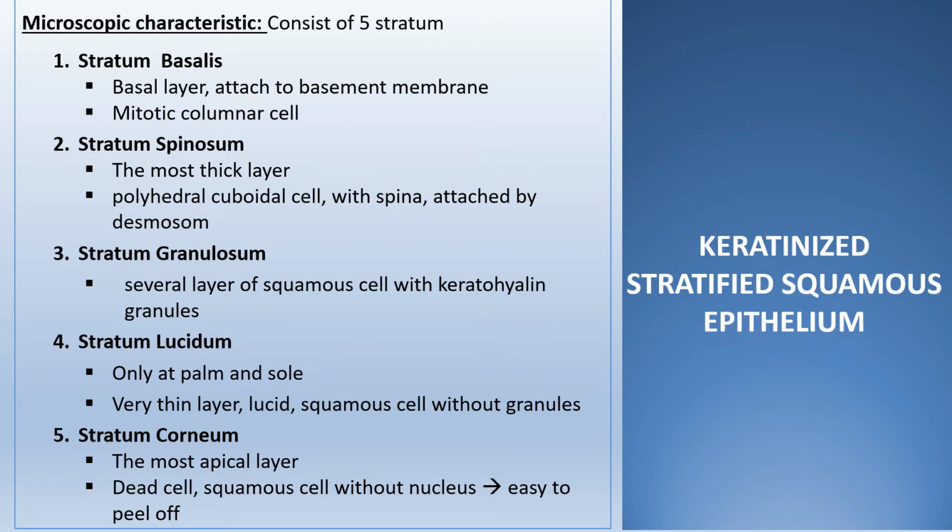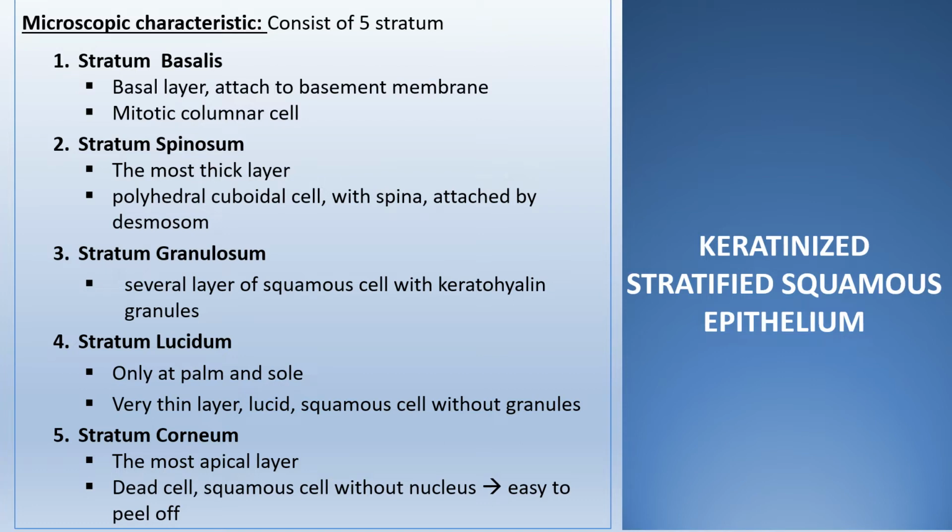Keratinized stratified squamous epithelium consists of 5 strata from the basement membrane. There are stratum basalis, stratum spinosum, stratum granulosum, stratum lucidum, and stratum corneum. Stratum basalis is the basal layer. It is attached to the basement membrane.